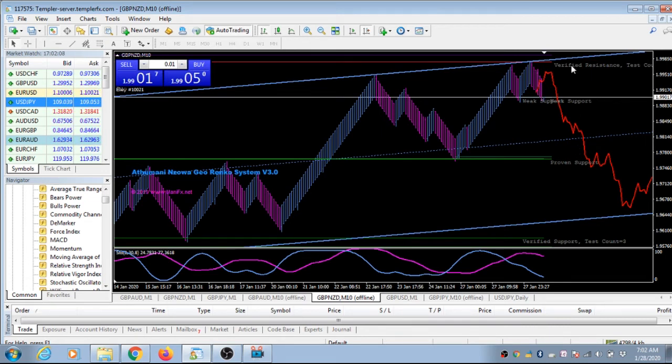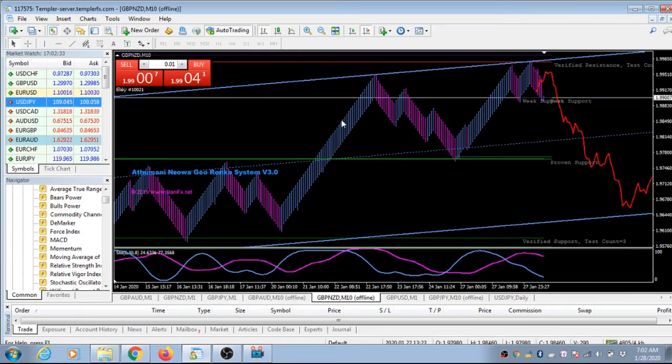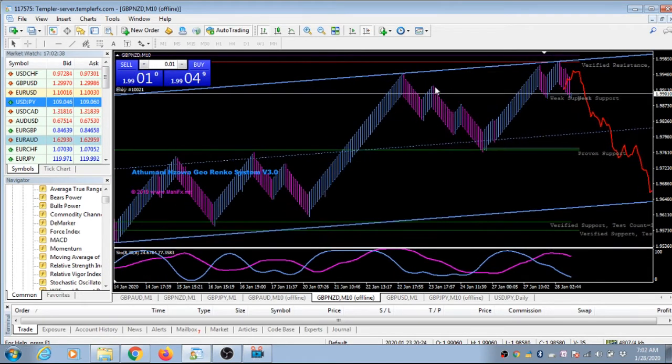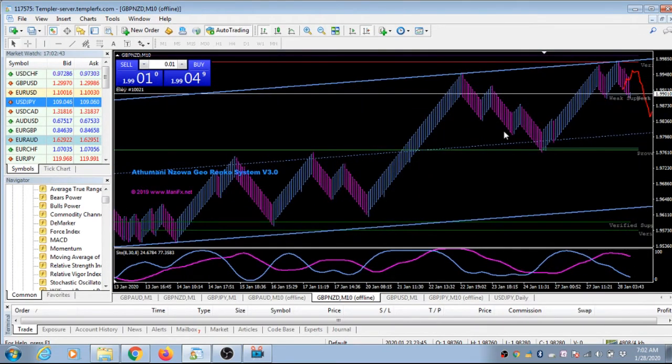We have 3 or 4 types of resistance and support: the verified, the proven, the turn-out, and the weak resistance and support. In normal cases, the weak resistance and support is just touched once, and then we have the verified resistance and support, which means it was touched more than once.